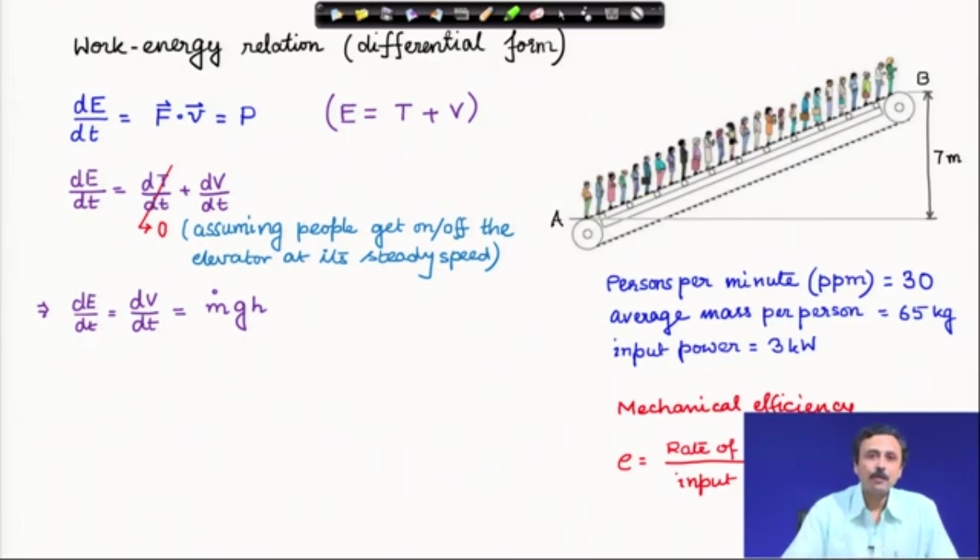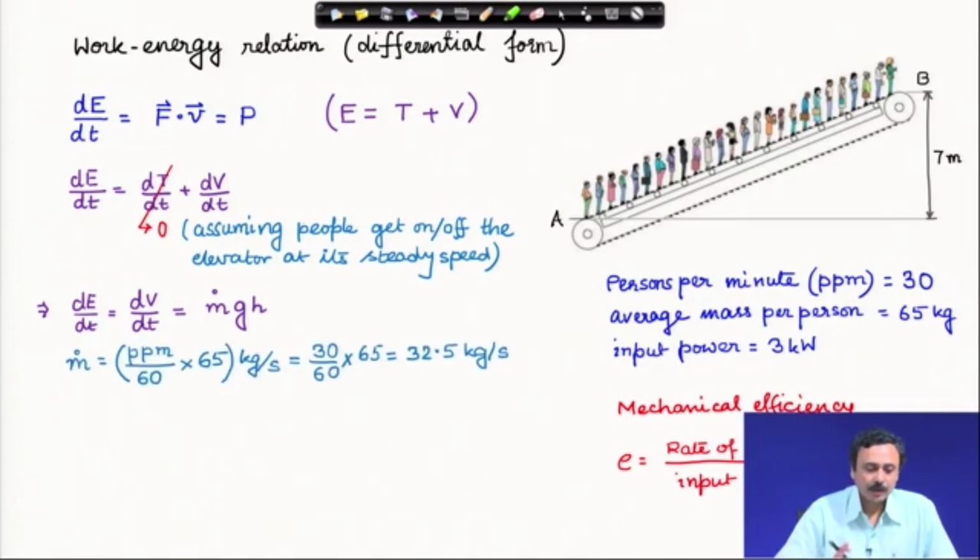That has to come from m dot, because this is not a fixed mass system. Mass is coming in and going out, there is a mass influx and efflux, and for that the dV/dt, that means the rate of change of potential energy, is m dot, the rate at which people are being transported to this height h, times g h.